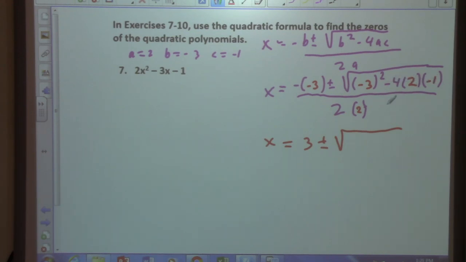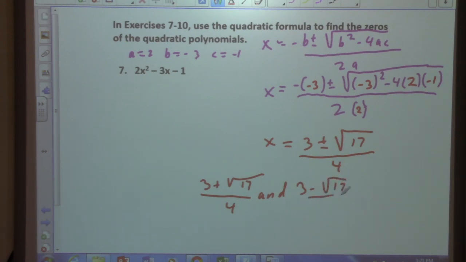Yeah, because negative negative. So we got 9 plus 8, so that's 17, over 4. And so you can leave it like that, or you could say 3 plus square root of 17 over 4, and 3 minus square root of 17 over 4. But this is okay like this too.